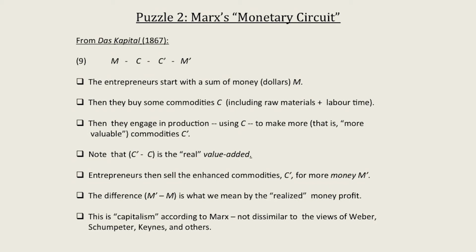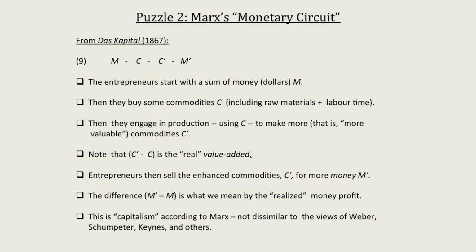The entrepreneurs start with a sum of money, dollars, M. They then buy some commodities, C, valued in Marxian terms, including raw materials plus labor time. They then engage in production using these commodities C to make more.